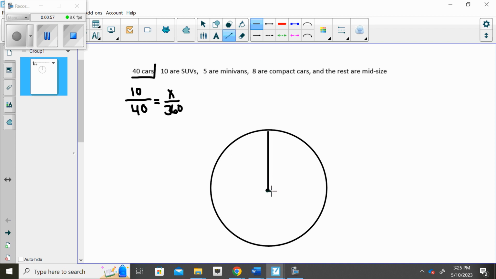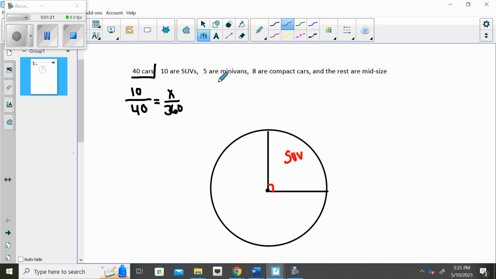Okay, so we would label in here. And so I do say on the final to show your work, but when it's something like a quarter, I would prefer you to have done it in your head. Okay, so these are SUVs, okay? And this is 90 degrees, okay?